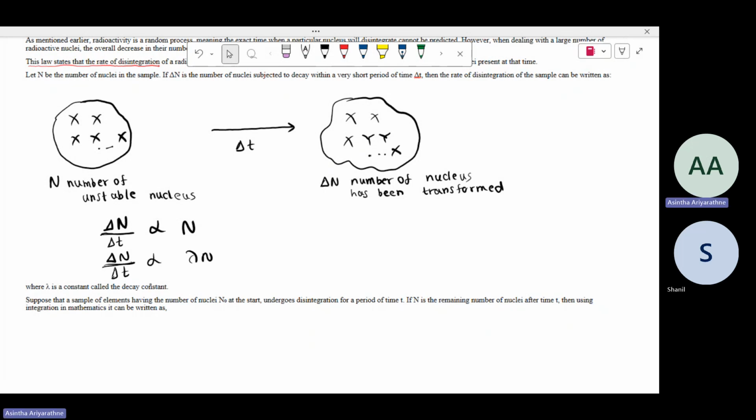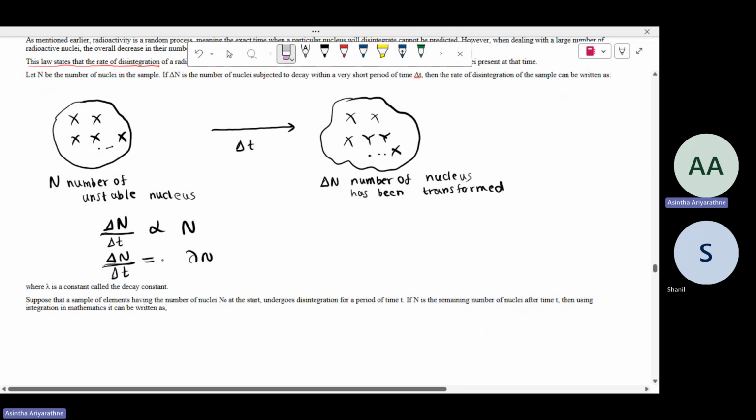Lambda is the constant, so not proportional, but equal: delta n over delta t equals lambda n. So this lambda is the constant. But here you can see this delta n over delta t actually decreases.